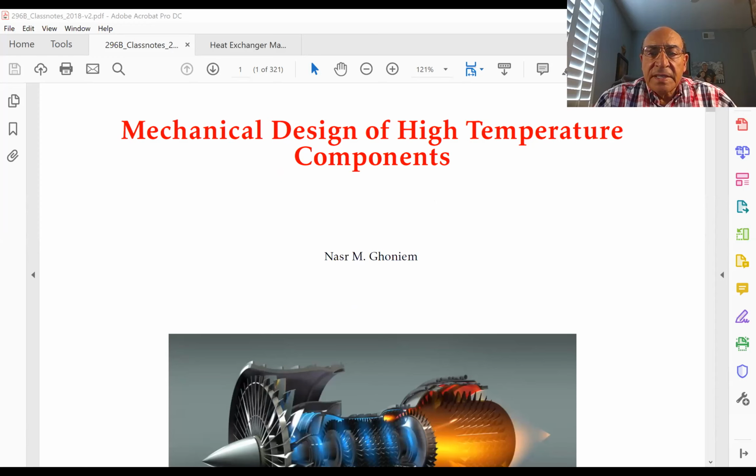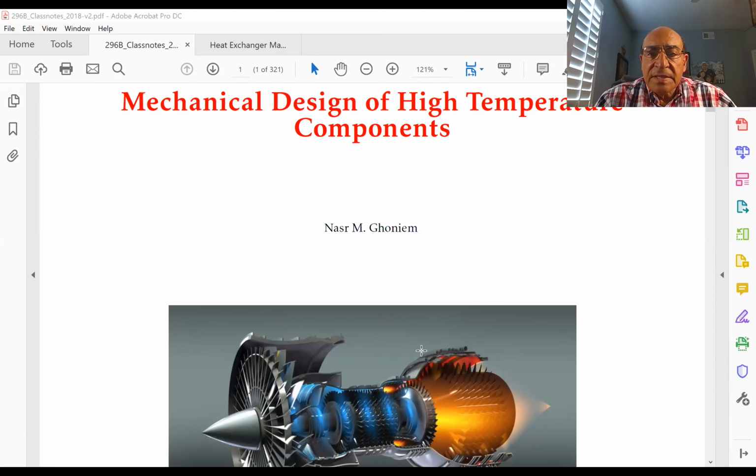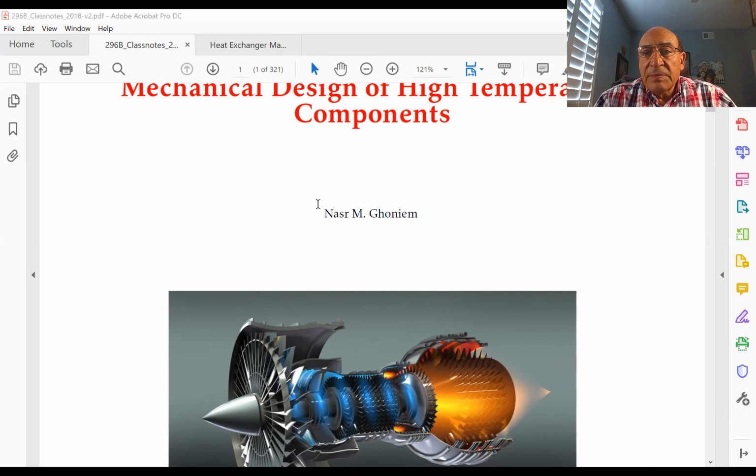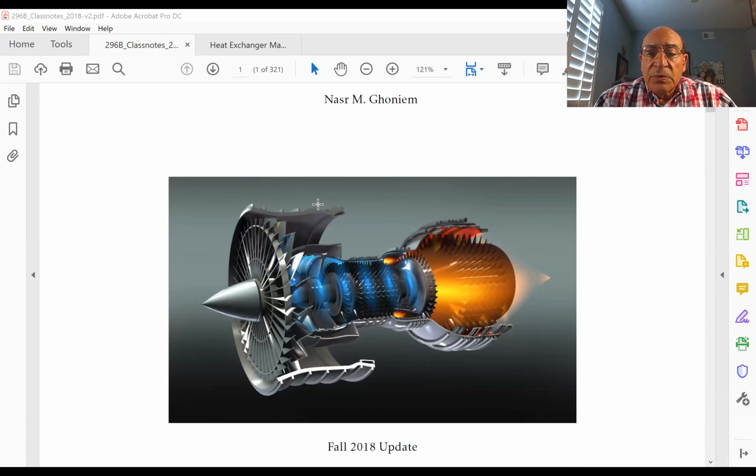You can see here that this is my class notes, which will be the textbook for the course. The class notes are titled The Mechanical Design of High Temperature Components. An example you can see here is a jet engine, and the blue part that you could see here is the fan, like fan blades on the cool side of the engine.